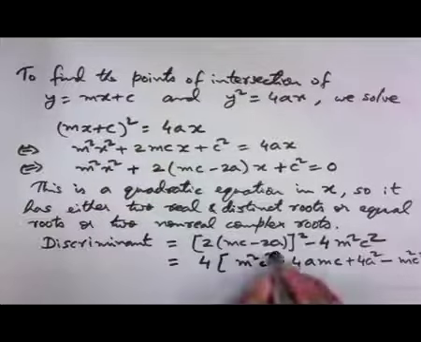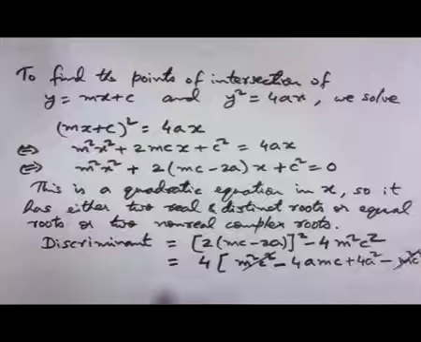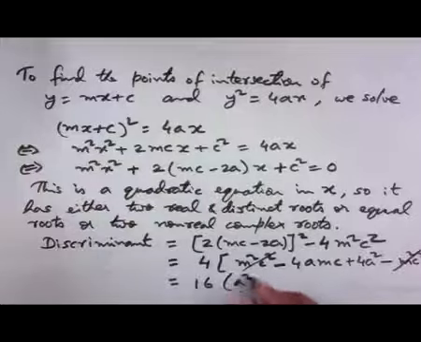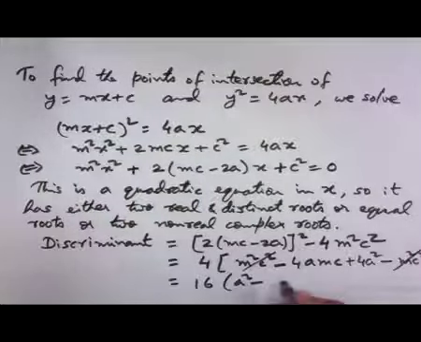So, m square c square can be cancelled, and this is equal to 16 times a square minus a m c.